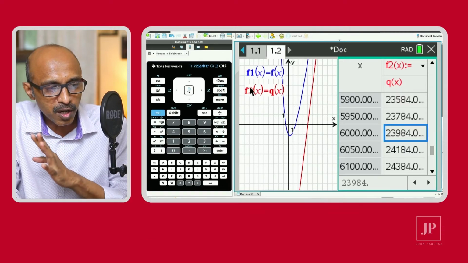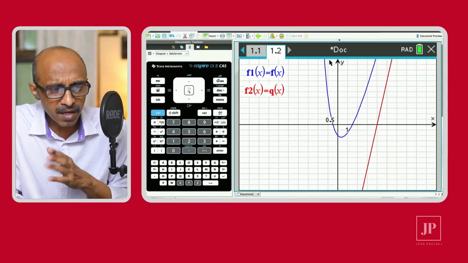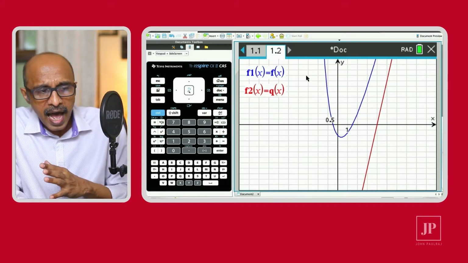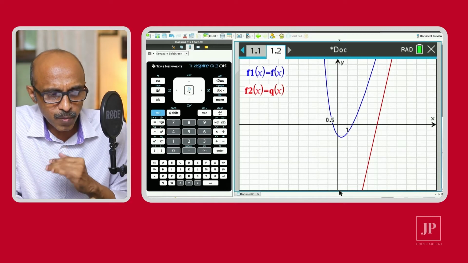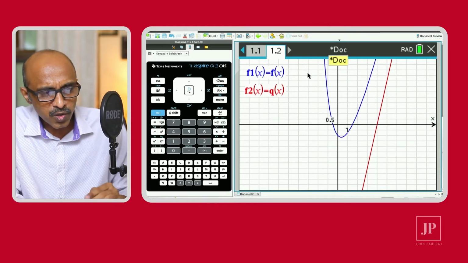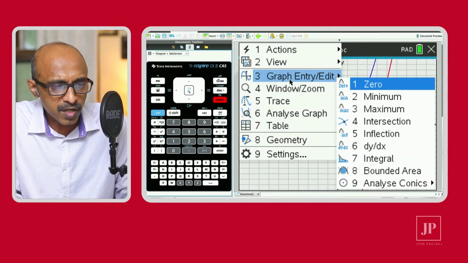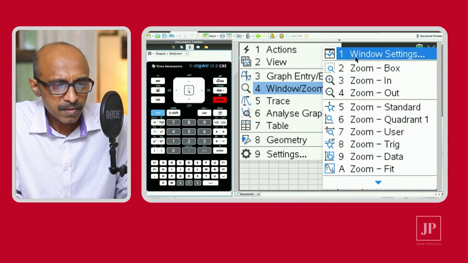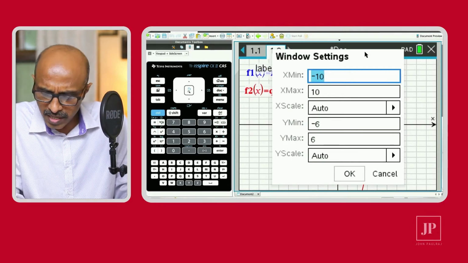So what I'm going to do is close this table so that we can see the graph more clearly. I'm going to go to table and remove table, which is not deleting the table. At first glance, x values are from -10 to 10 and y values from -6 to 6. I'm going to make those changes so that we can see what's going on in the graph, because we are interested in the end behavior. So let's make the window setting slightly different.